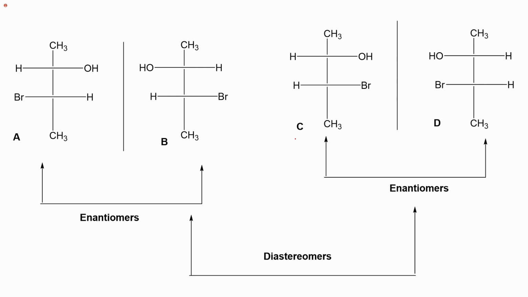So let's say first we'll discuss this question, the molecule A. A and B are enantiomers of each other. How? As I told you, suppose you have a molecule in your hand, and if you put this molecule in front of a mirror, then there will be a reflection.